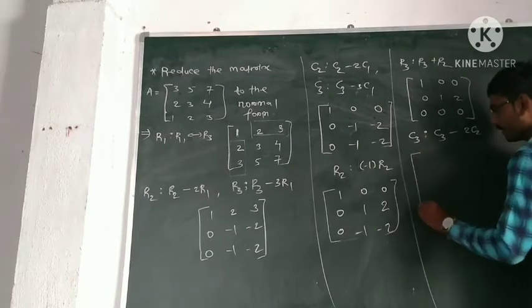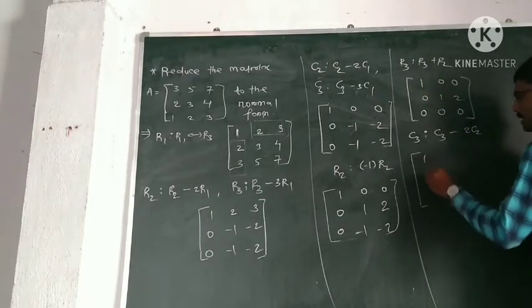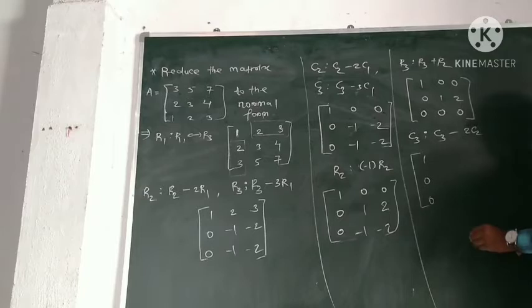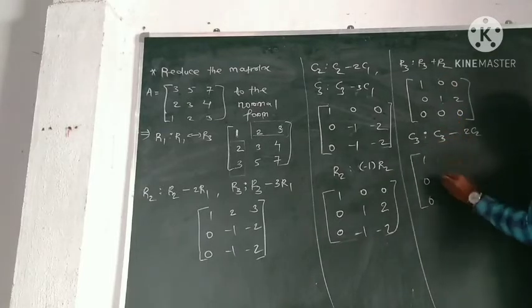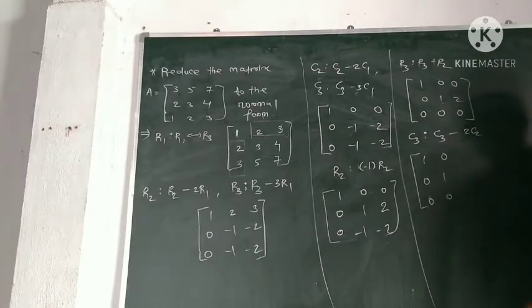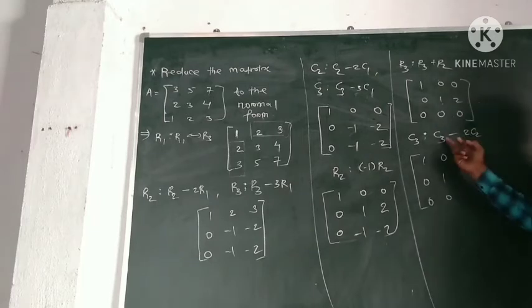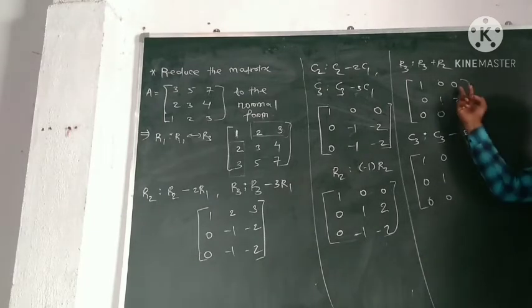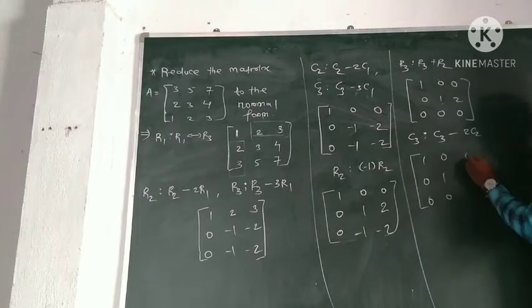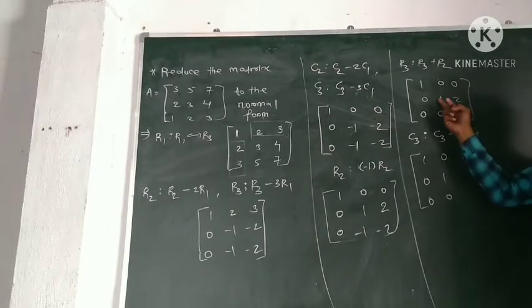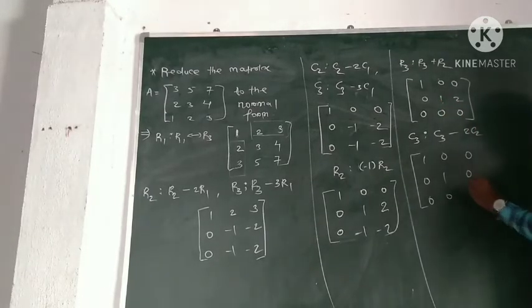What will we get? No change in first column, so 1 0 0. No change in second column, so 0 1 0. But there is change in the third column: third column minus 2 times second column. 0 minus 2 times 0 is 0, 2 minus 2 times 1 is 2 minus 2, 0, and 0 minus 2 times 0 is 0.